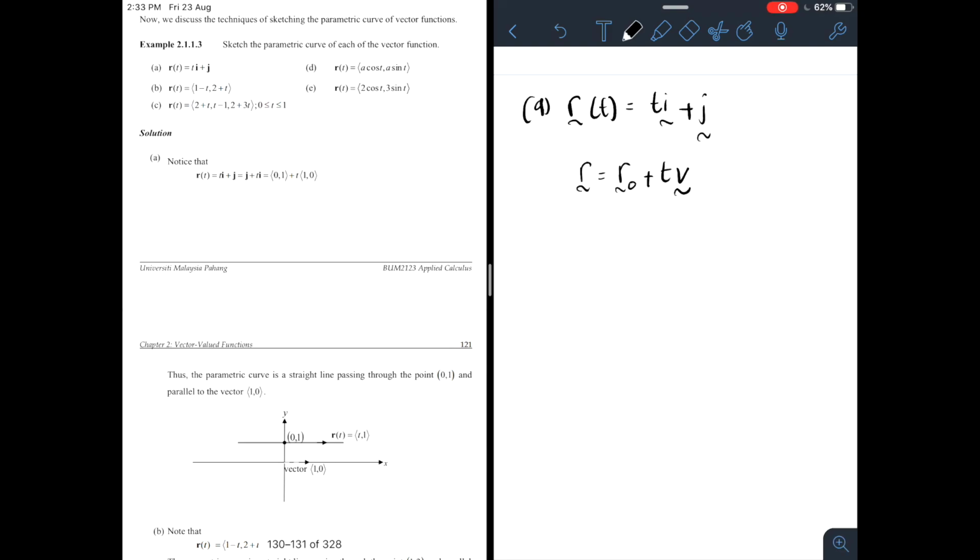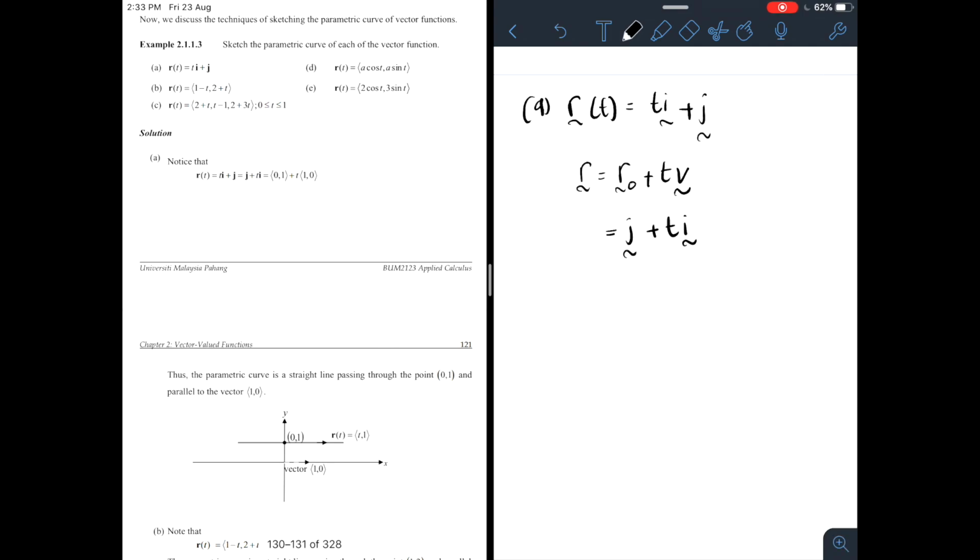Am I right? So right now, try to imagine the question that has been given to us. Try to reposition the expression and make sure it resembles the vector equation of a line. When I rewrite my equation, I will get j plus ti.